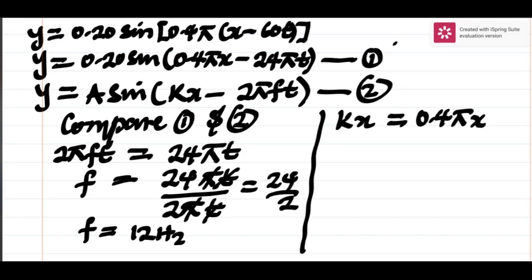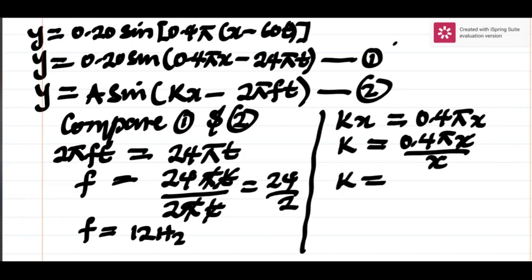I'm making k the subject of the formula here. That will give us 0.4πx all over x, and the x cancels x. We have k equal to 0.4π.